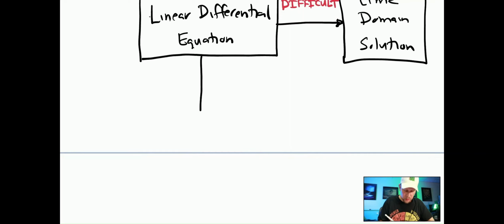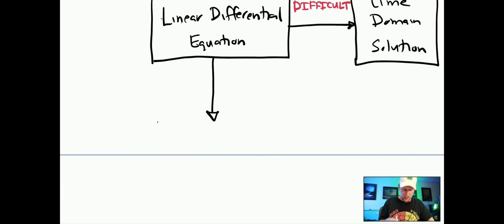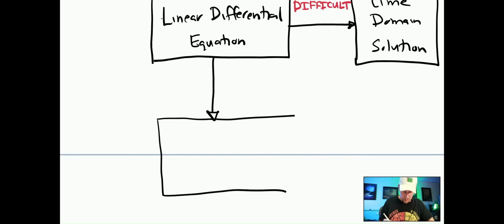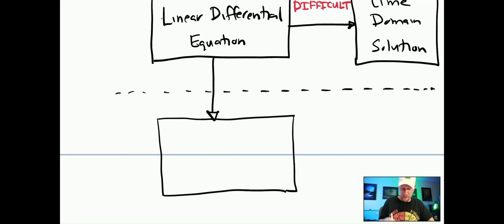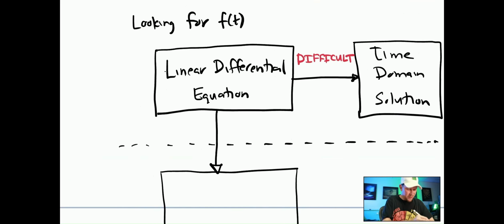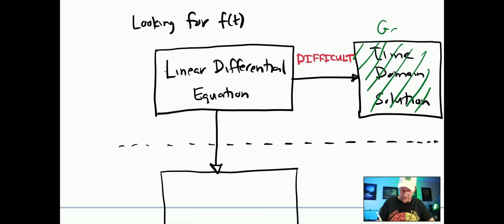So over here, what we do is we move from the time domain into a different domain called the Laplace domain. So let's separate this. At the top here, let me also say that this solution in the time domain is our goal, to find this.